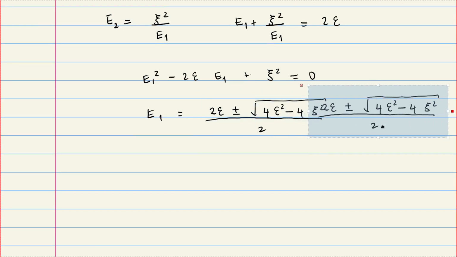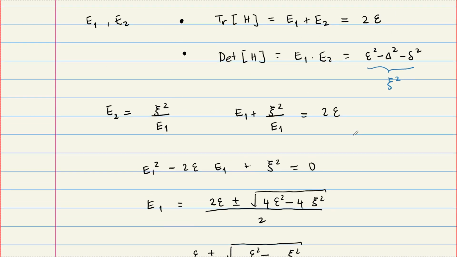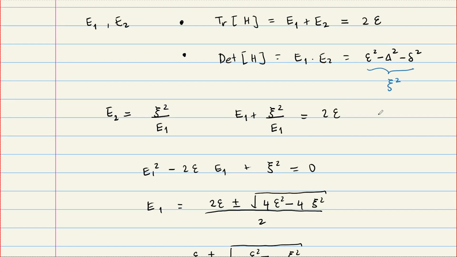Cancel this, cancel that, and you can see epsilon squared minus psi squared, which is going to be equal to delta squared plus little delta squared.